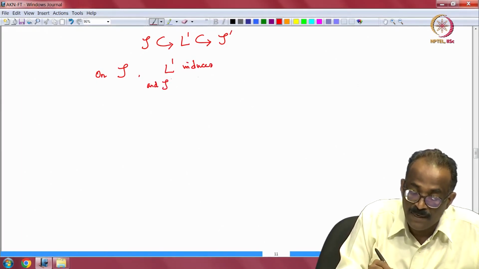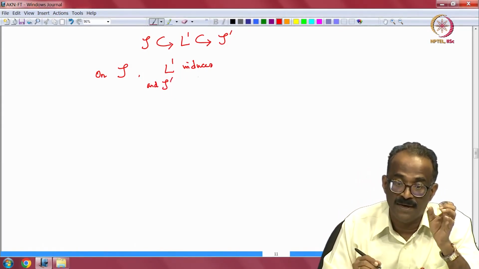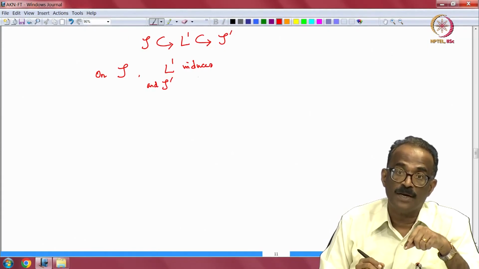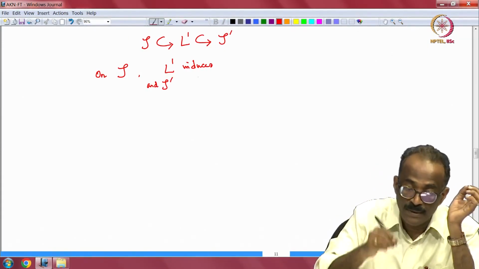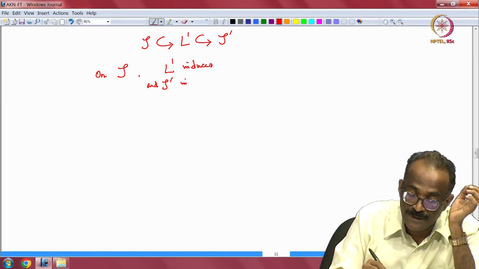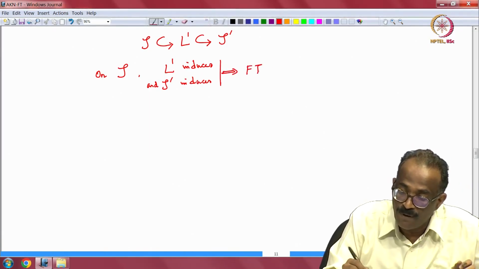So, we have defined the Fourier transform for L1 functions in one way, and you have now also defined the Fourier transform using the distribution concept. So, both induce a Fourier transform on zeta.